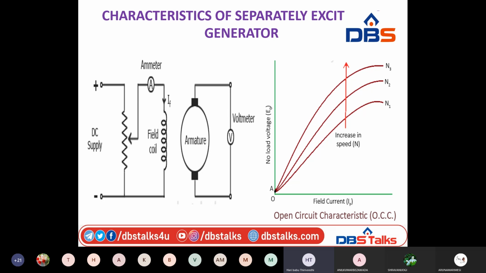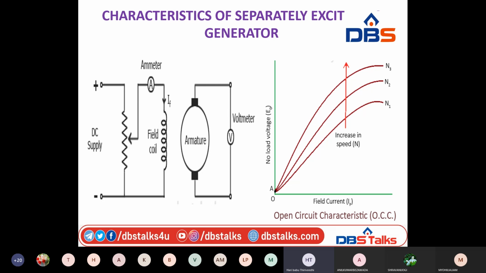Generally, here this is the rheostat to control the field. The rheostat is used to control the field current IF. Why? Because by varying the rheostat from 0 to some position, the ammeter may show some value.